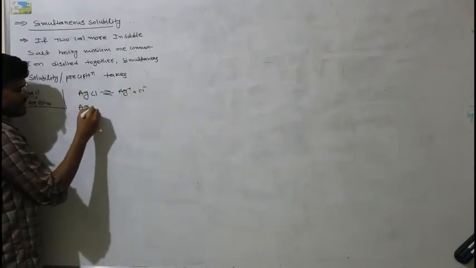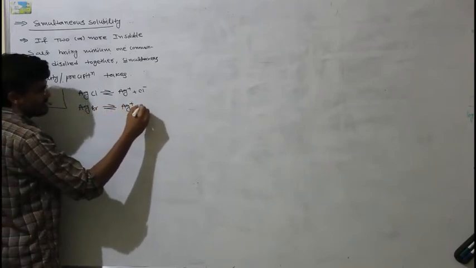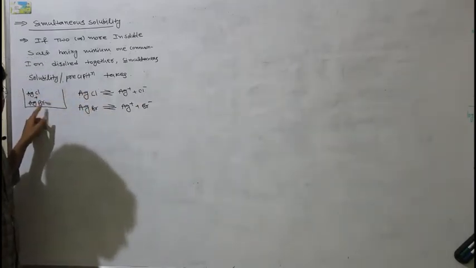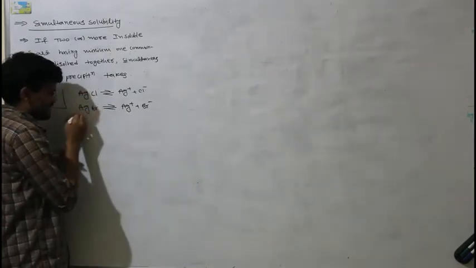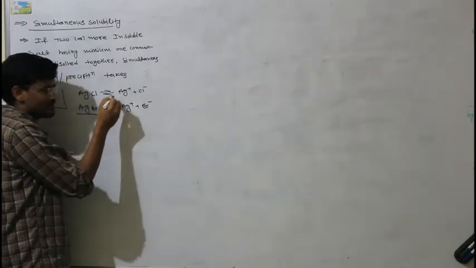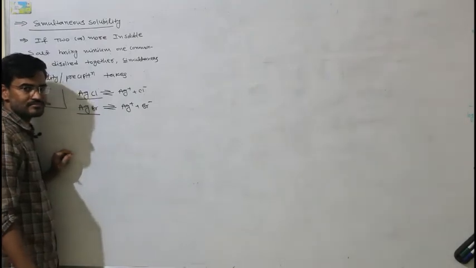Silver bromide splits into Ag plus and Br minus. So when both substances are dissolved together in water, AgBr is a common ion for the AgCl and AgCl is a common ion to the AgBr.